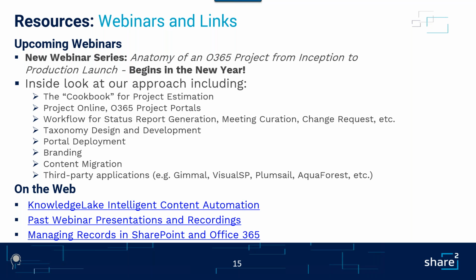We'll go deep into taxonomy design and development. We've touched on it, we've flashed it on the screen, we've teased you if you've been on our webinars. Several people have emailed me and said, can you do an entire webinar on that one thing that Jim spent 5 or 10 minutes on? Jim, whom I keep referring to as our chief architect, was doing the demos on a lot of these webinars, so we're going to dive into that more deeply. We'll dive into how we do portal deployment.